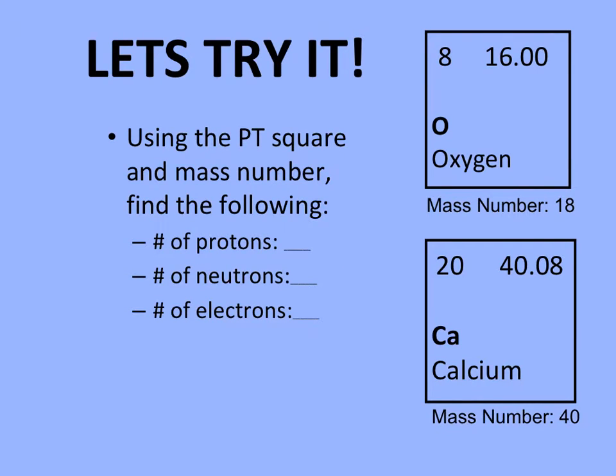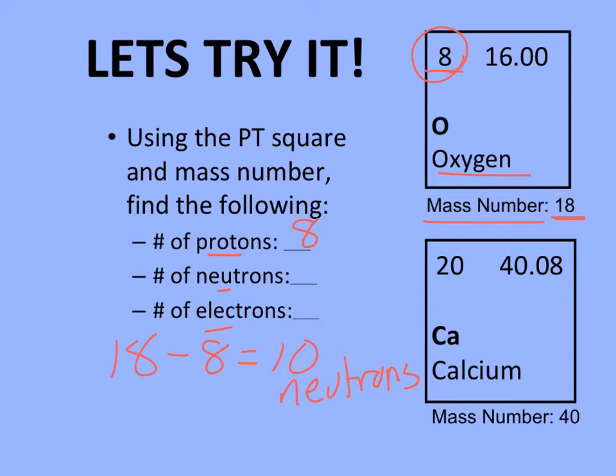Okay, so let's try a couple examples here. So using oxygen as our example, let's find the number of protons, neutrons, and electrons. It's easiest to start with the atomic number, which tells us the number of protons. And in this example, we have 8. Now, to find the number of neutrons, we need to take the mass number, which is given to us, and we subtract the atomic number, and that will give us our number of neutrons.